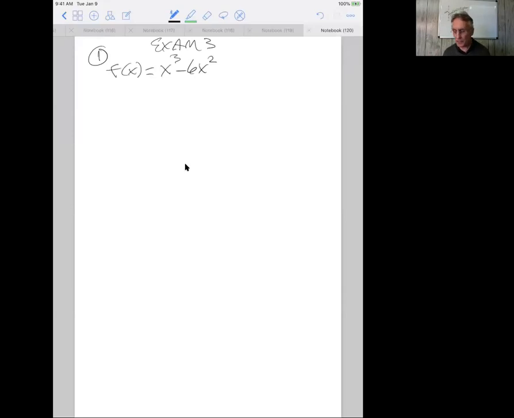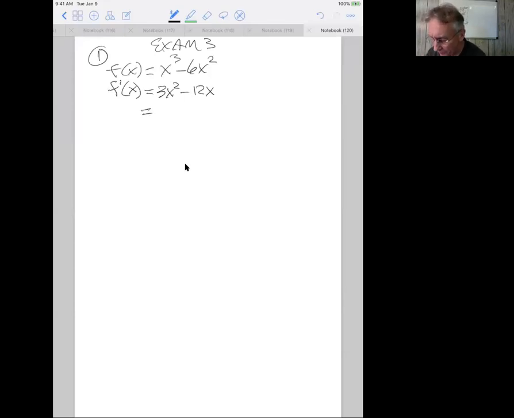So let's take the derivative and do the first derivative test. The vast majority of you, I think everybody, got the derivative correct. But what bit you a couple of times is factoring it. You've got to make sure you factor it and count both values, an x and the other, as critical points, critical values.